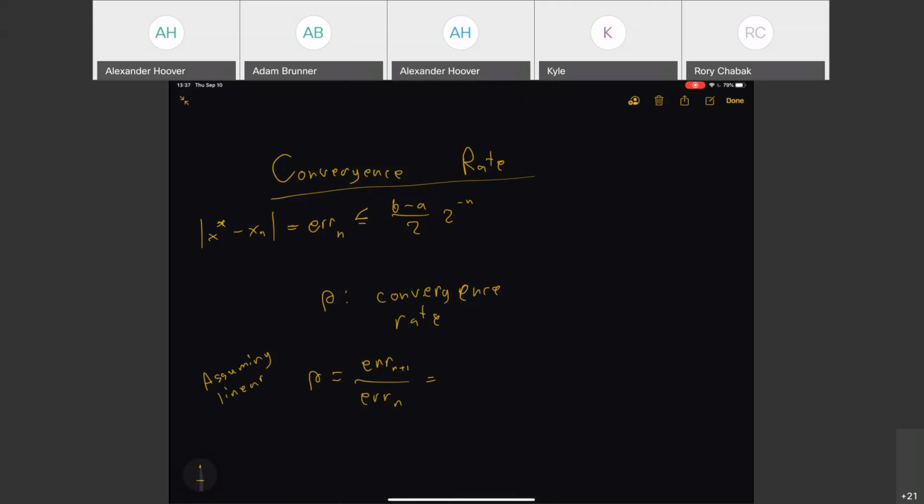If we do that, then we have (b minus a) over 2 times 2 to the negative (n plus 1), over (b minus a) over 2 times 2 to the negative n. Bada bing, bada boom, we get some cancellations, and all that we're left with is 2 to the negative 1. So we have a convergence rate of 1/2.